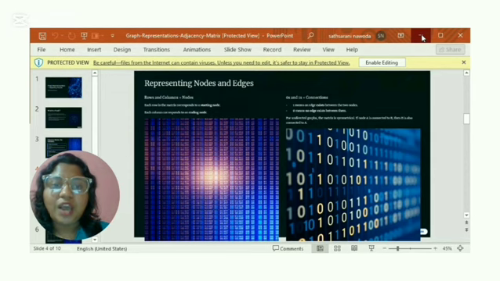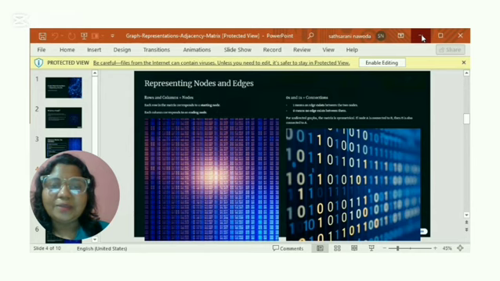An edge shows how the two nodes are related. An edge can be directed or undirected. In this lesson, we mainly focus on undirected graphs to explain the adjacency matrix. Understanding nodes and edges is very important before learning graph representation.